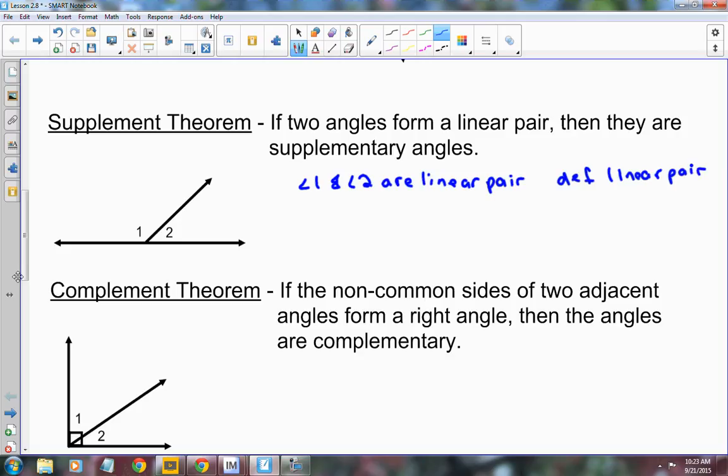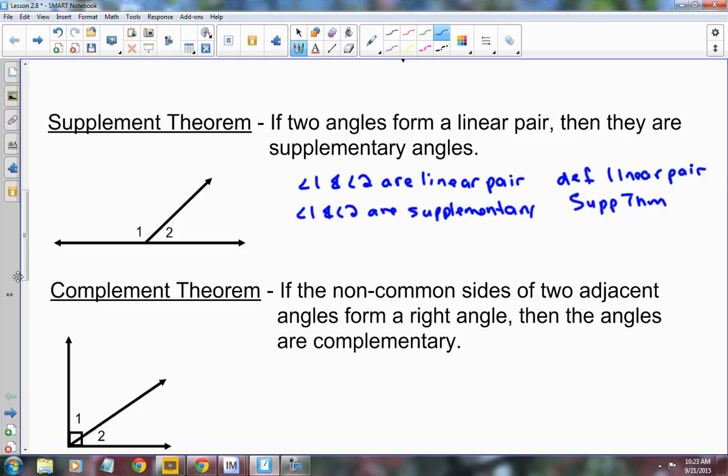Once you've established that you have a linear pair, then this theorem says I can say that those two angles are supplementary. So I can say angle 1 and angle 2 are supplementary, and that is by this theorem, the supplement theorem.